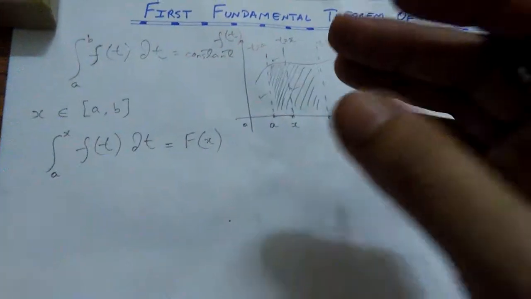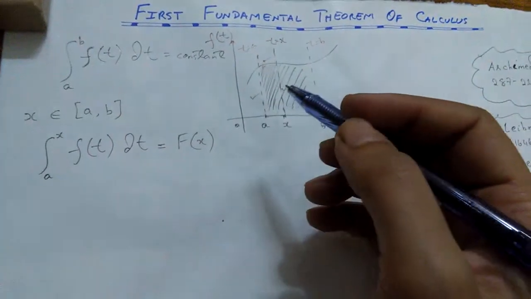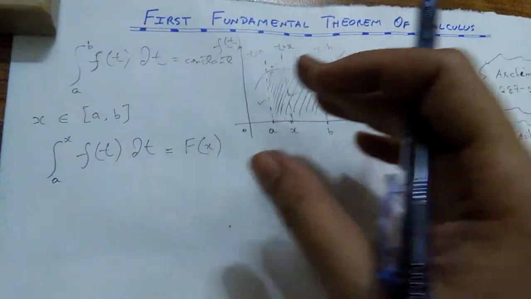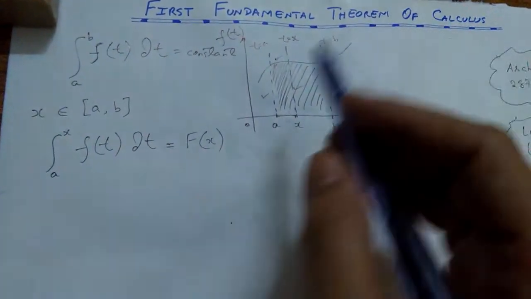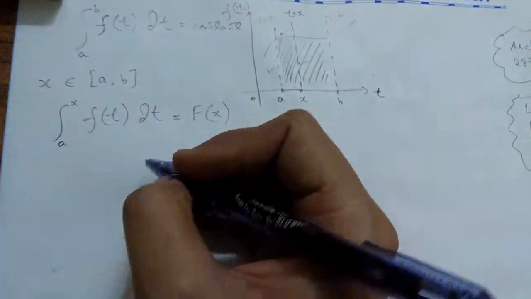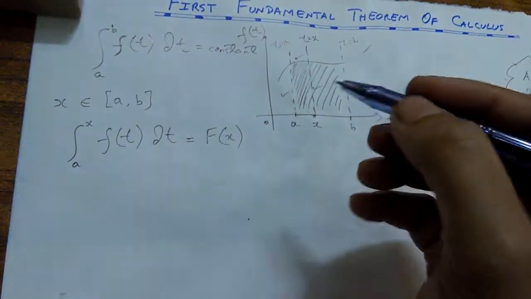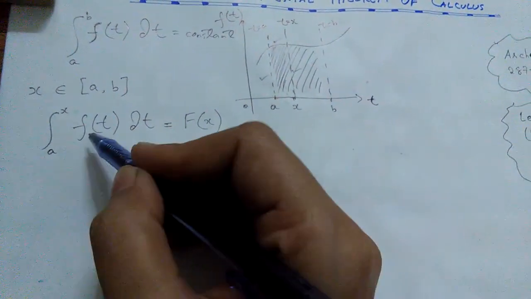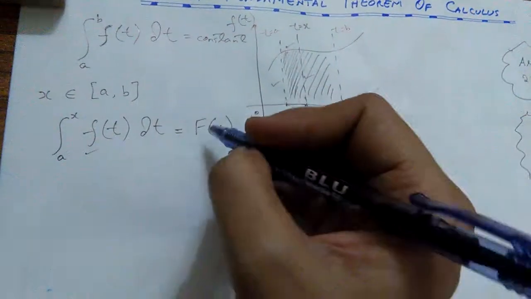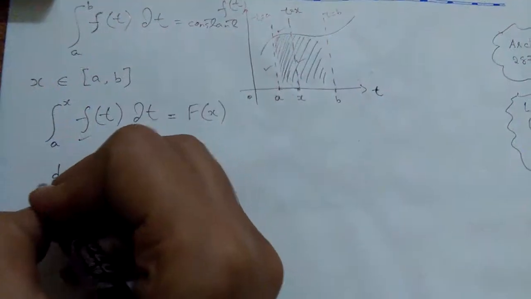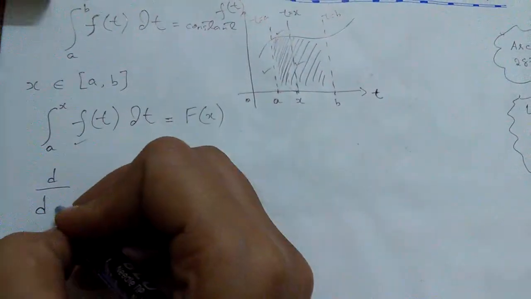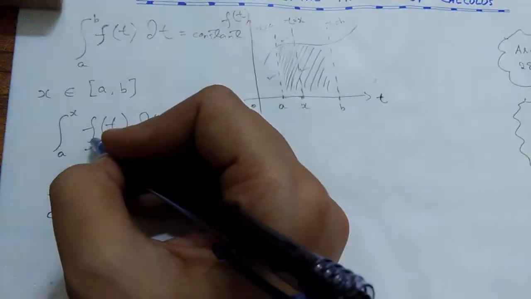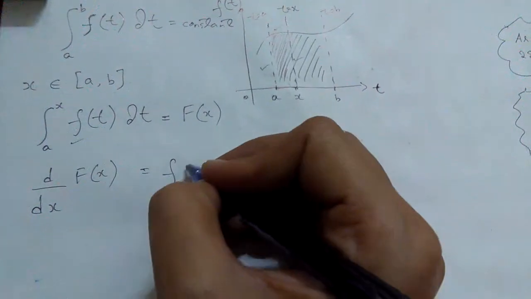Okay, fine. Now let us put down that this notion is going to give rise to the first fundamental theorem of calculus. First of all, we are going to pick up an example and try to figure out this concept, and with the help of that we are going to put down the statement of the first fundamental theorem of calculus. Before putting down the example, I must say that if we have this function capital F of x, which is the integral of this function f of t, and if I take the derivative of this function F of x with respect to x, then it is going to give me the same function f back in the form of f of x.